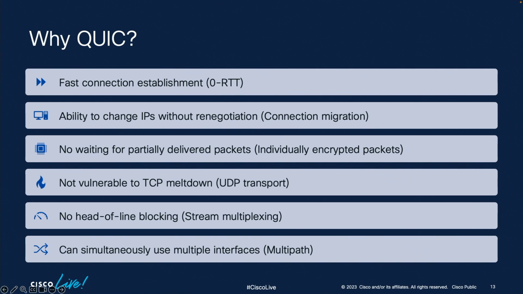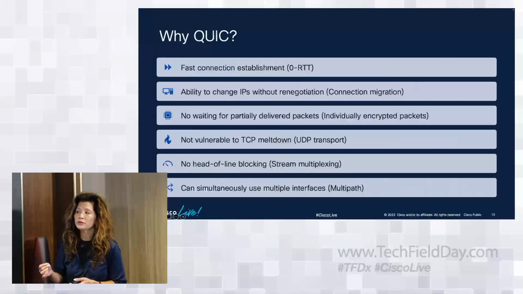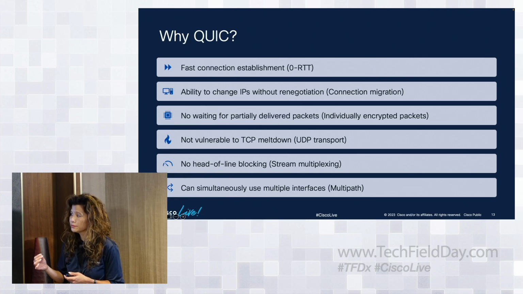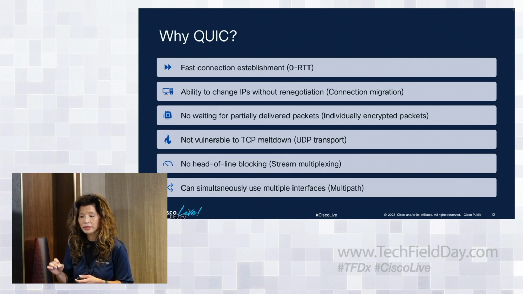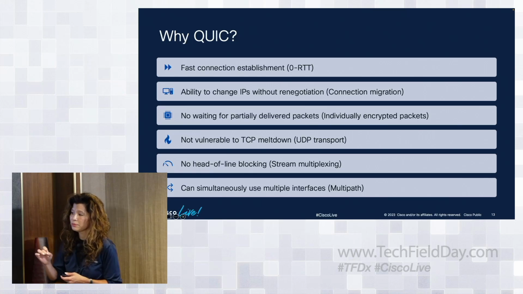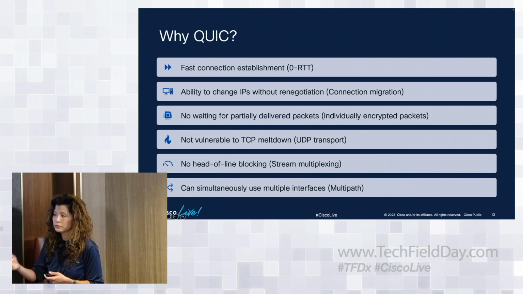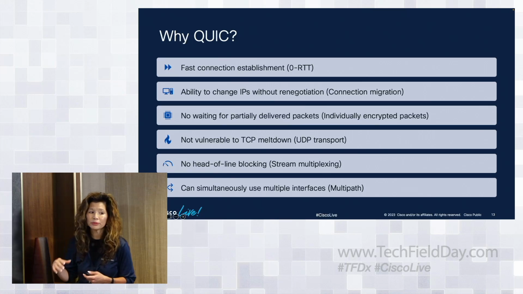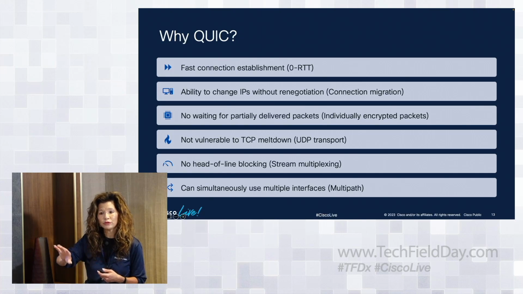UDP is not. So now that we can use UDP, there are some benefits to that connectionless protocol. We no longer need to wait for partially delivered packets, because each of the packets is individually encrypted with the QUIC protocol. There's no head-of-line blocking, so you can do stream multiplexing, and it can support multiple interfaces at the same time, so you've got multipath capability there as well.